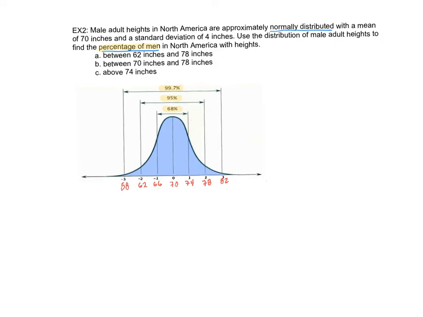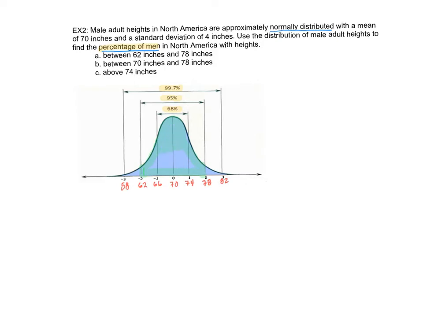So I've labeled my graph, and I want to answer question part A. I want to find the percentage of men who have a height between 62 inches and 78 inches. Let me go ahead and shade that, 62 inches to 78 inches. I'm looking at the shaded green portion here.